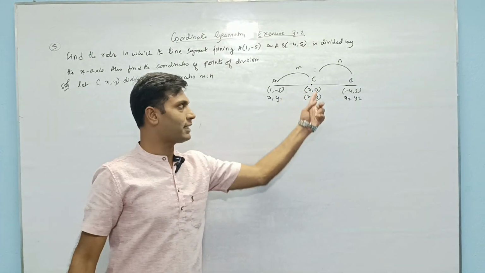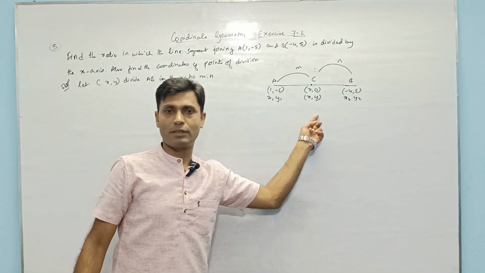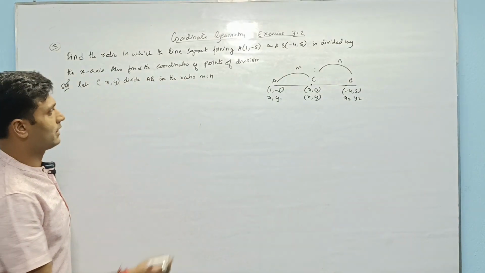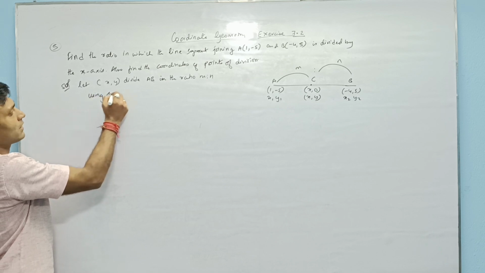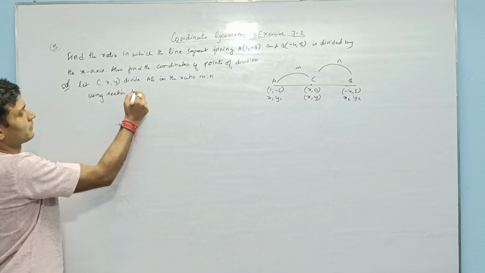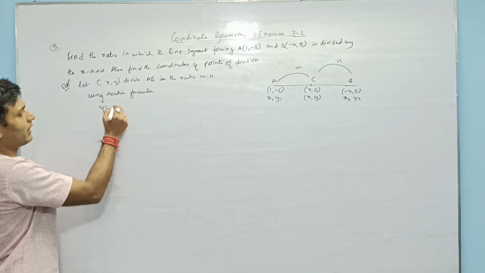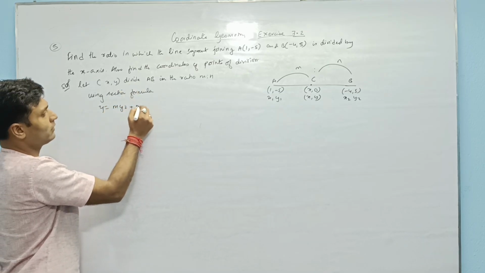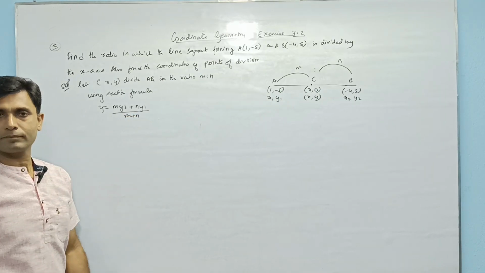Now for point C, the y-coordinate is given to us, which is how much? 0. The y-coordinate is 0. So using the section formula, we can write y is equal to (m y2 + n y1) divided by (m + n).